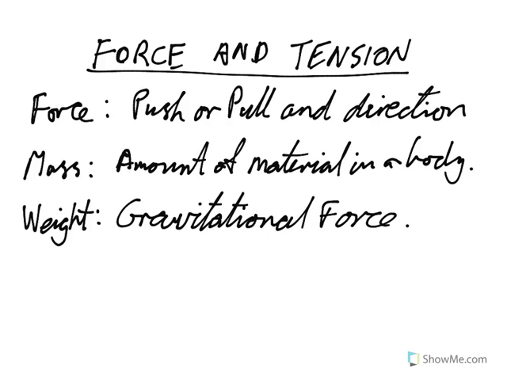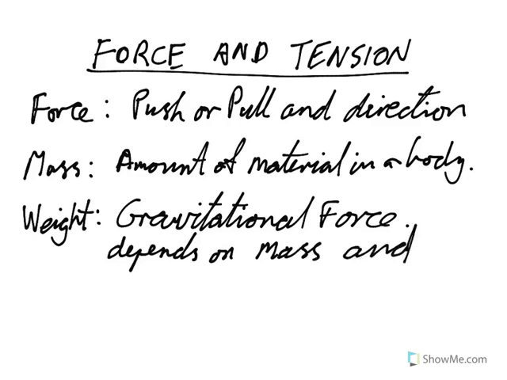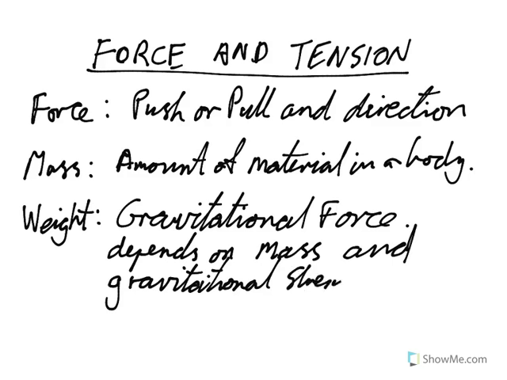So it's always down towards the centre of the earth, and it depends on mass, so how much material, and gravitational strength. So the weight turns out to be mass times gravity.